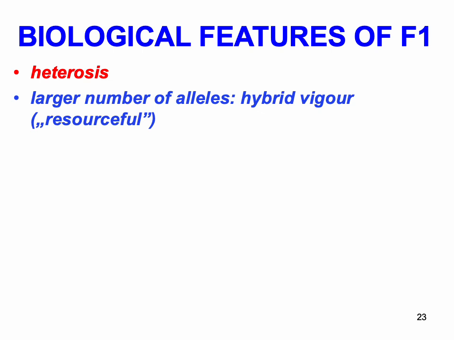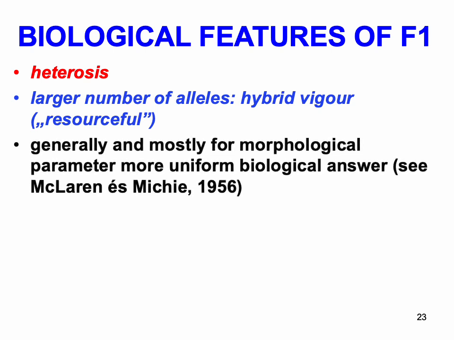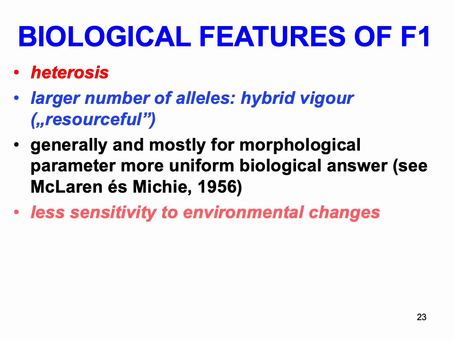See previously the McLaren and Michie trial with the lung cancer. And they show less sensitivity to environmental changes. In behavioral studies, a more variable response can be found, can be detected, because of the higher adaptability.